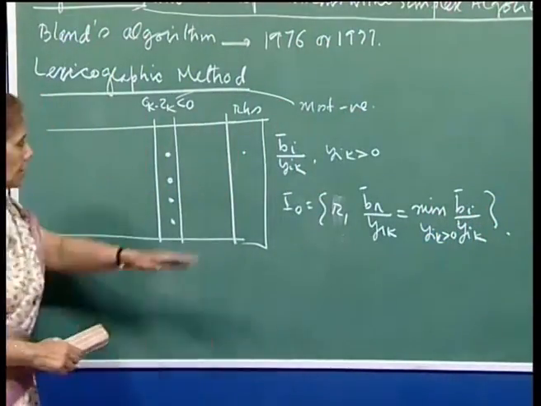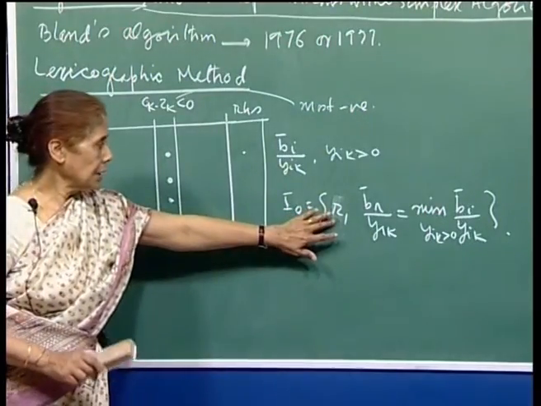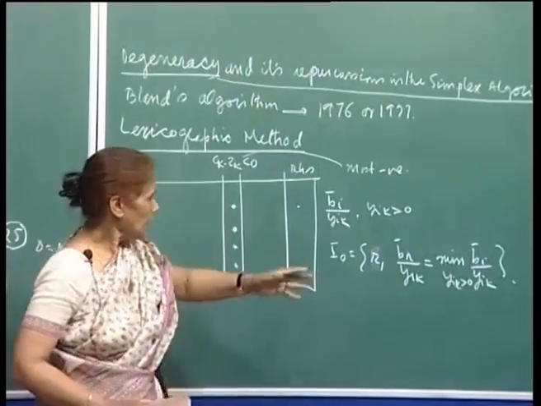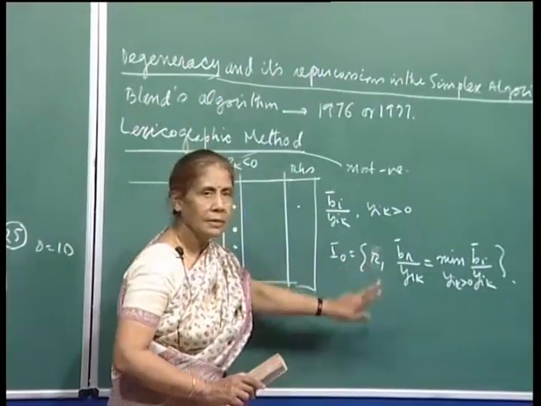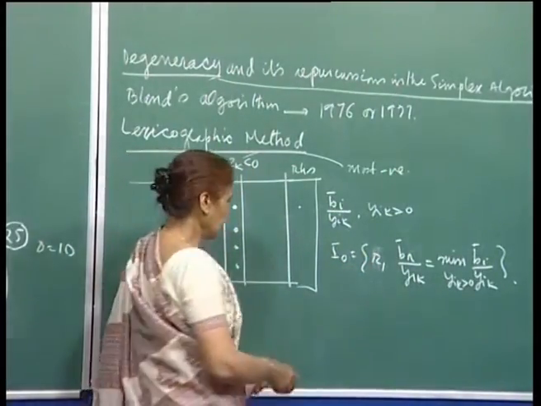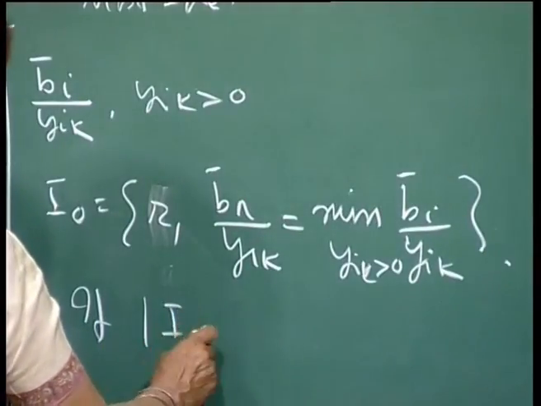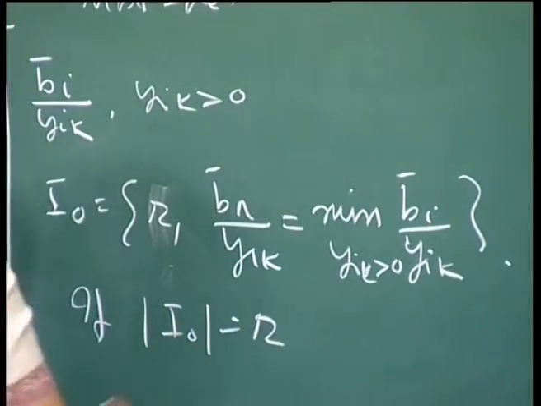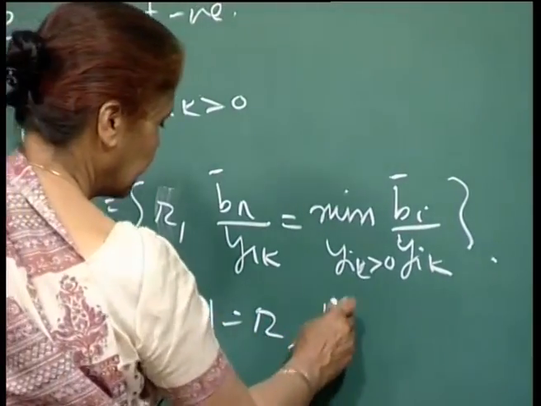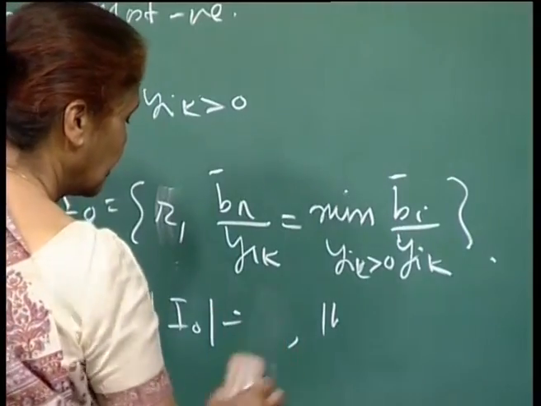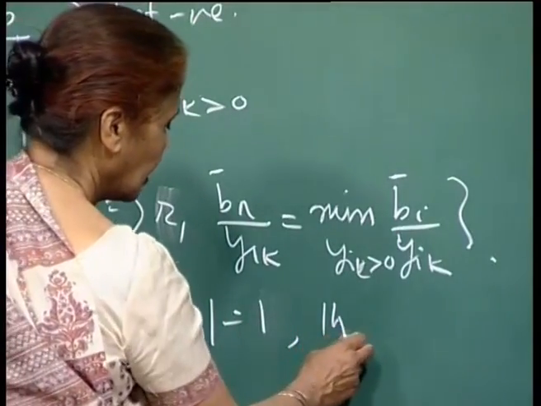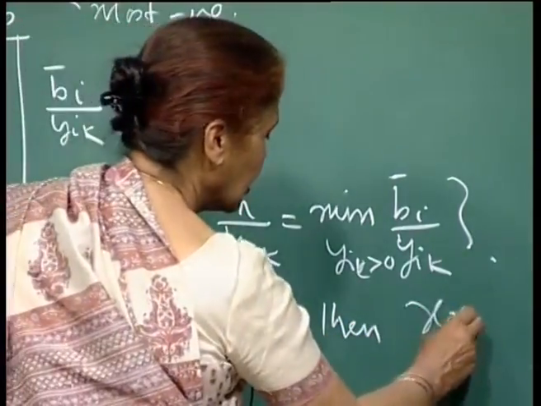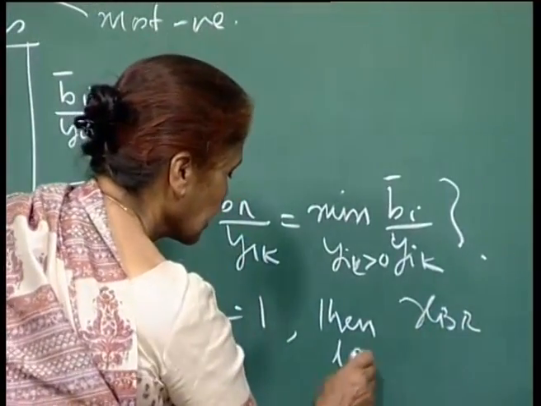Okay. So, I naught was this. Now, if R was unique, if I naught had only one index in it, which is R, then, so if I naught is equal to R, here it would mean 1, then XBR leaves the basis.